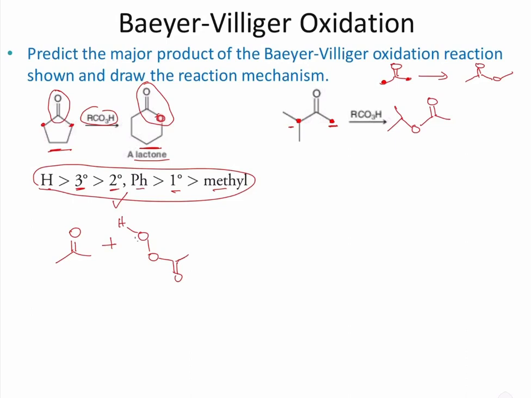So we're going to use these lone pairs to attack that, and that breaks the pi bond, and we end up with a minus charge. And this is now attached to an oxygen. It's attached to another oxygen, which is attached to that, and that has a formal charge of 1.